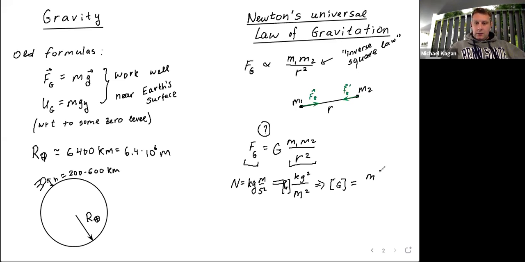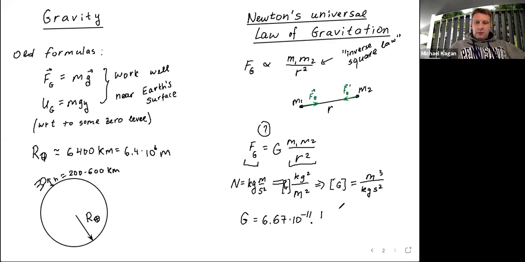Indeed, it's meter cubed over kilogram second squared. It's a weird combo, but that's what it takes to make things work out. And numerically, G is 6.67 times 10 to the negative 11 meter cubed over kilogram second squared. So if you forget units, you can always figure them out from this equation.